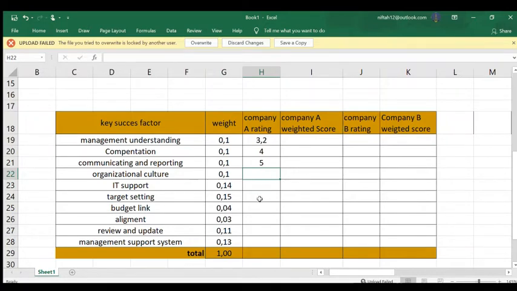The higher the number, the better the company is at the key success factor. It's just an example. And do it too for company B. How good company B is at the key success factor.